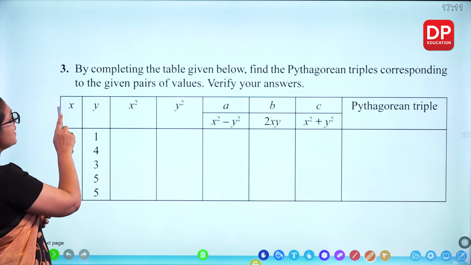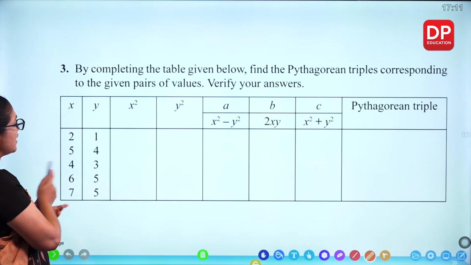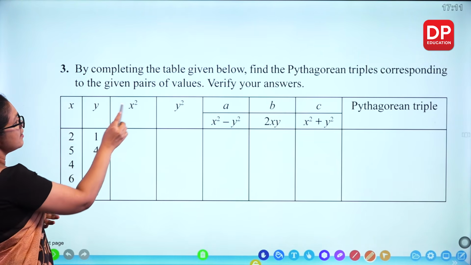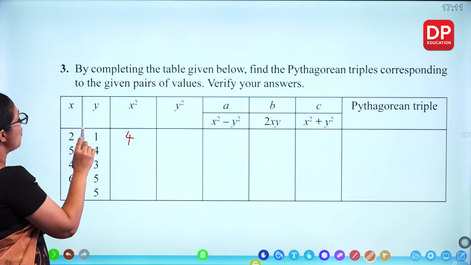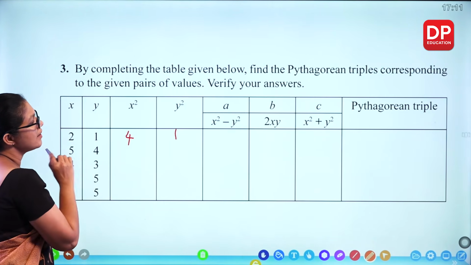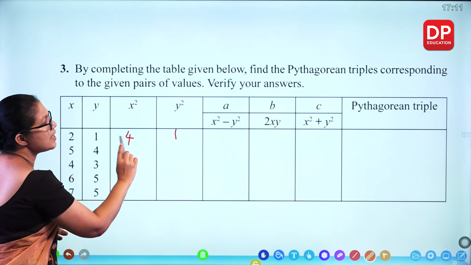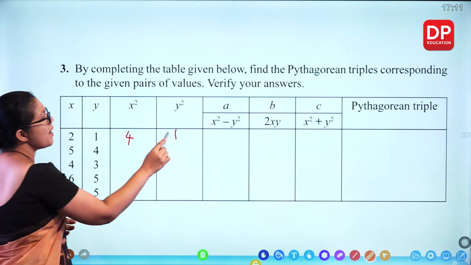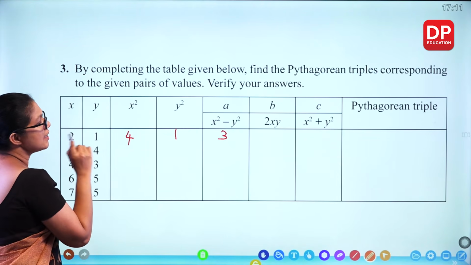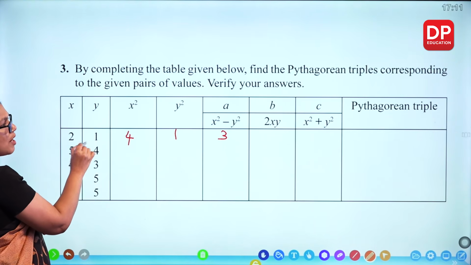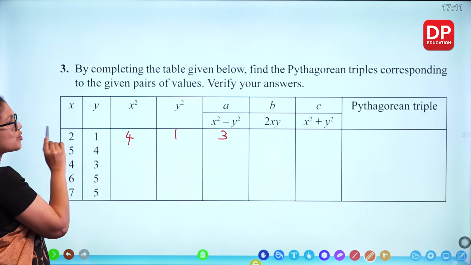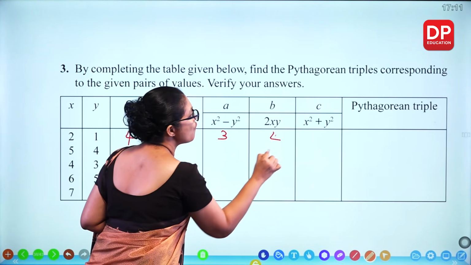They have taken two numbers x and y and then squared them. 2 squared you get 4. Y squared 1. Then take the difference between these two, that's a. 4 minus 1, 3. Then double of xy: 2 times 1, 2. 2 times 2, 4.